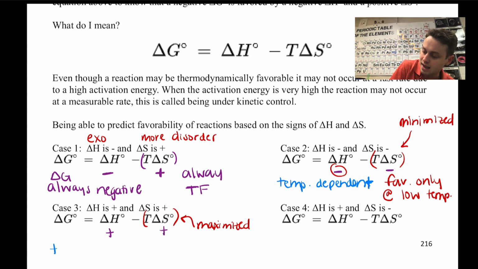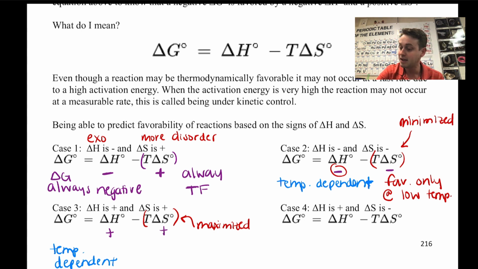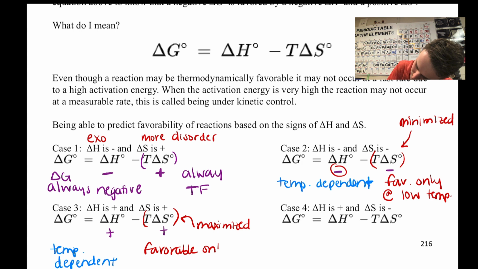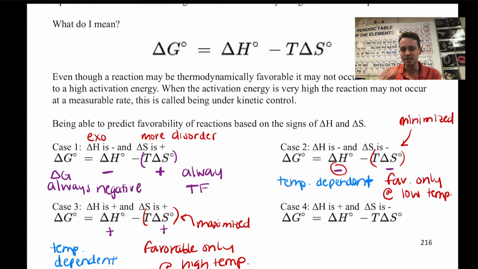So once again, case 3 is temperature dependent, and it would be favorable only at high temperatures. So I like to think of that as positive, positive, high; negative, negative, low; and when it's negative, positive, it always happens.